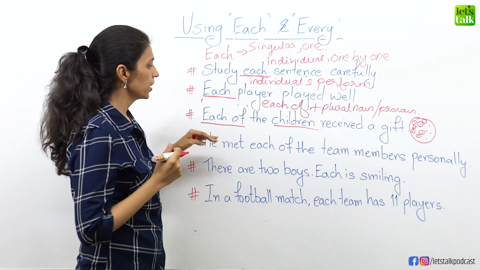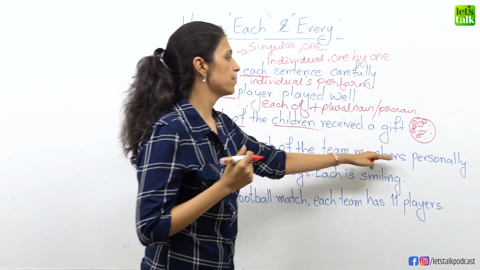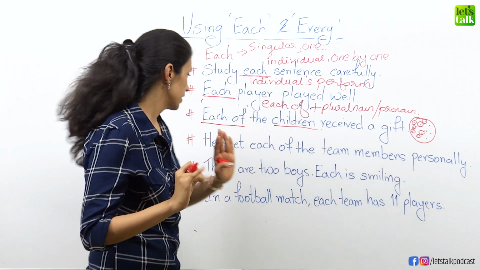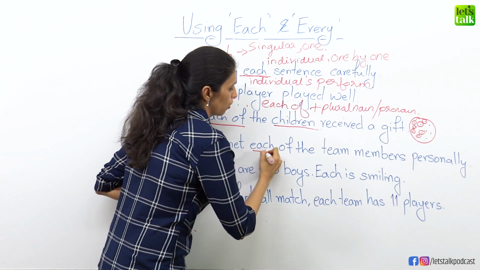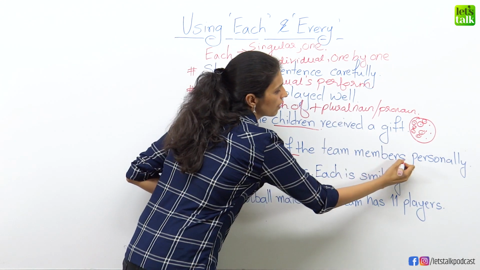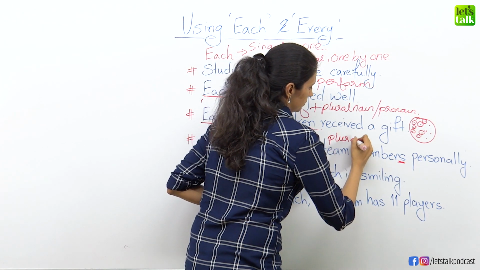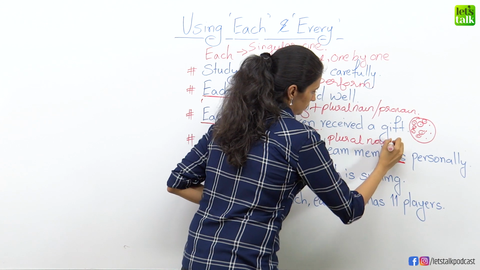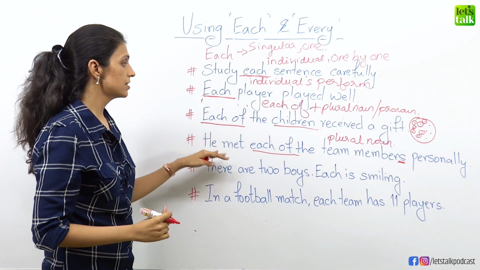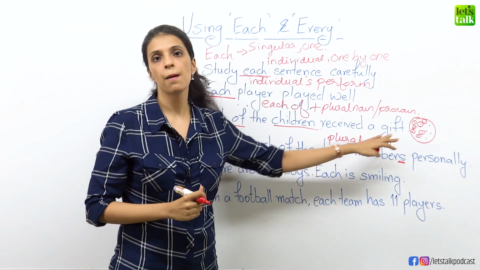Okay. Now he met each of the team members personally. Again, if you see each of, here you have members. It's a plural noun. So you can't say he met each of the team member.